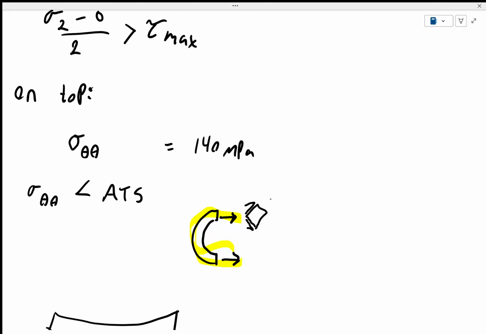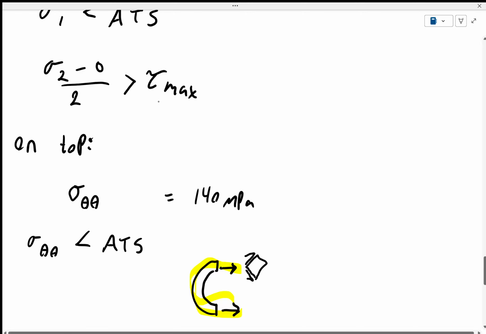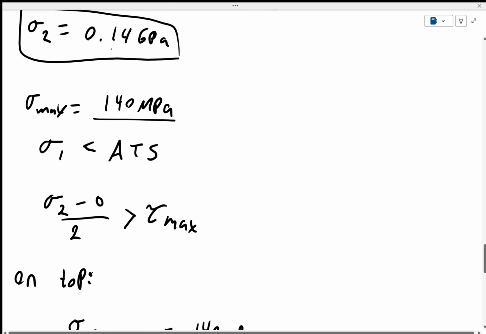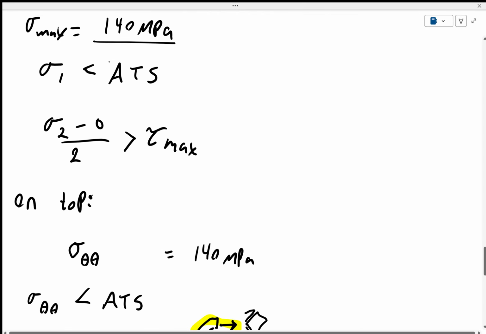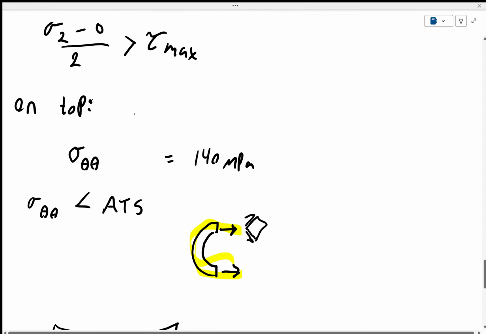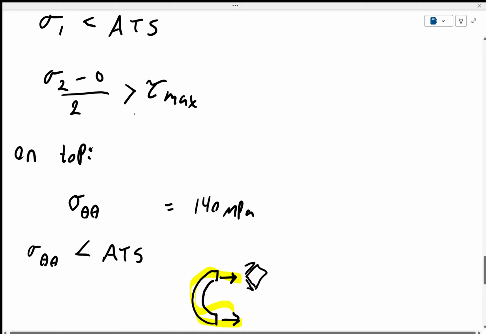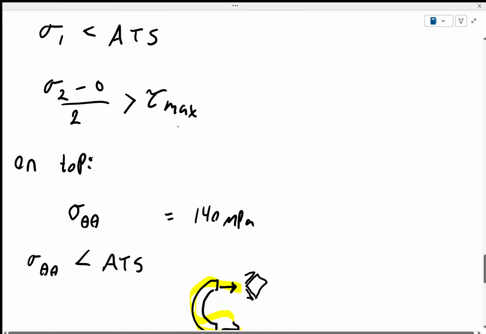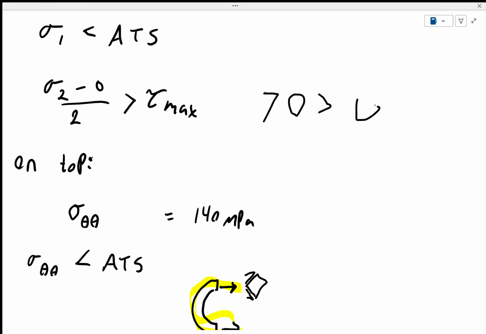So we acquire the max shear caused by that hoop stress, and it ends up being about half of that 140 megapascals. So that's 70, and 70 megapascals is greater than 68, and so it fails in shear.